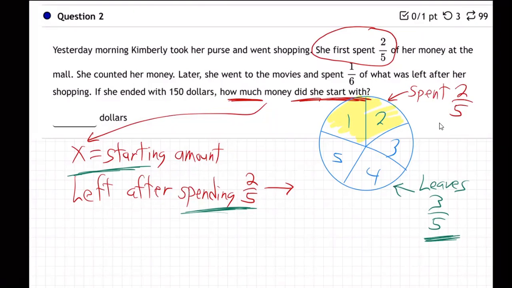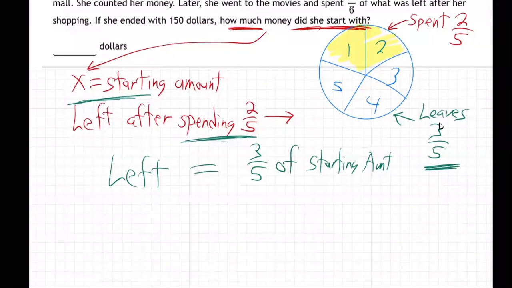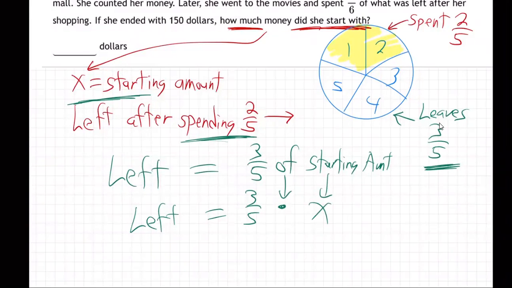So what's left? 3/5 of the starting amount, meaning 3/5. Now, do you know that "of" is always times? And the starting amount, we call that X. Is this making sense so far? Of is always times.